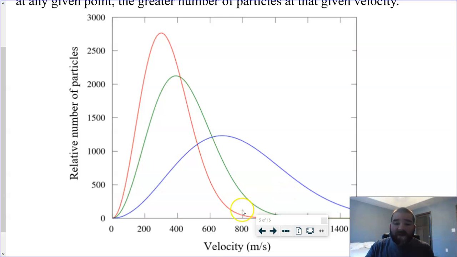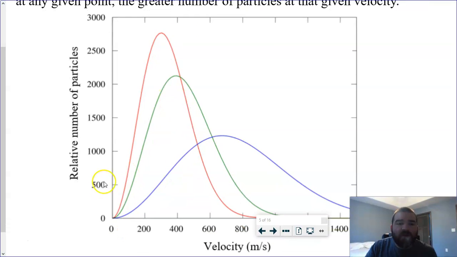We take into account the entire sample of gas and all of the different velocities of all of the different particles. So the peaks of these graphs represent the greatest quantity of particles with the middle velocity, you can kind of think of it as.